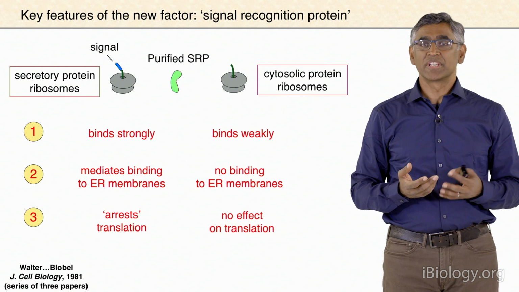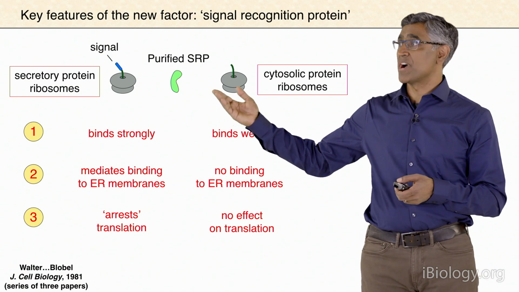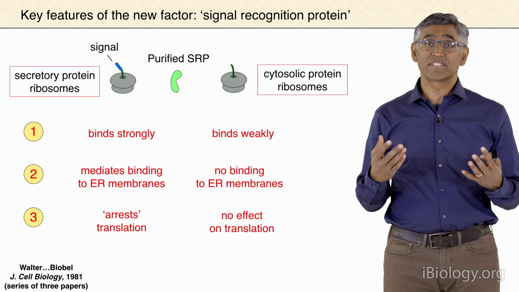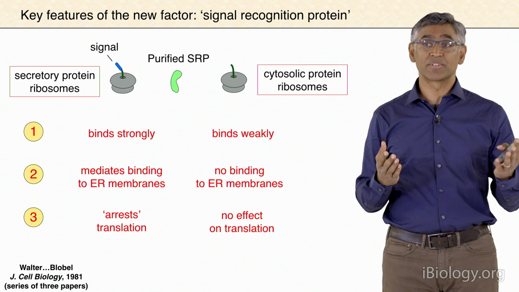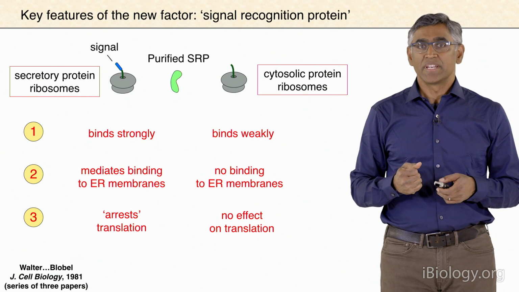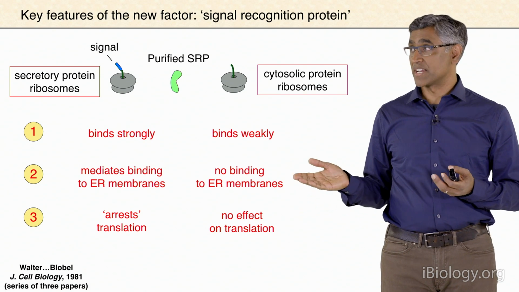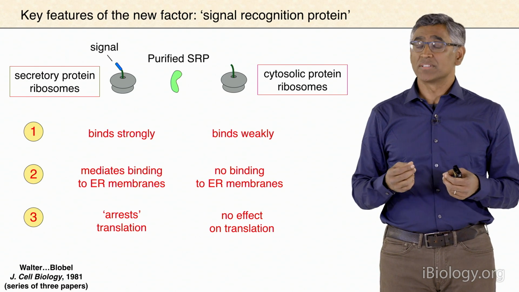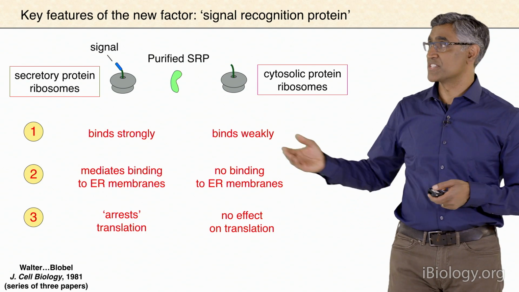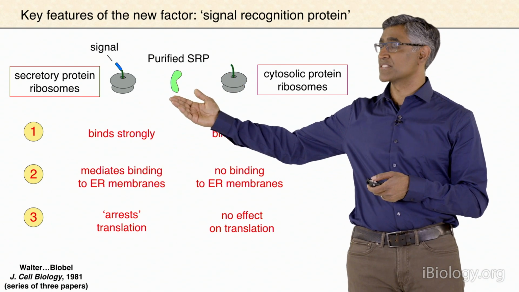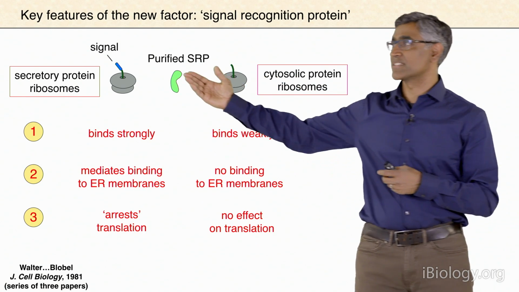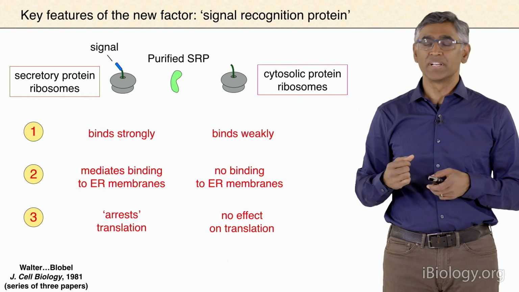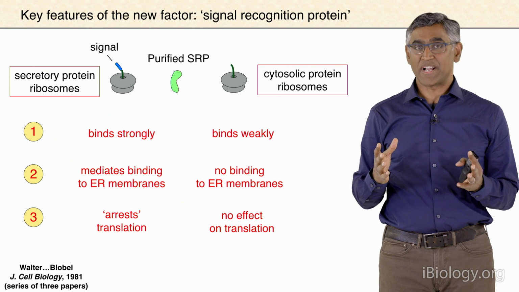The third observation is that when they added a high amount of SRP, it would actually arrest translation of ribosomes that were synthesizing secretory proteins. Now, it didn't have such an effect on cytosolic ribosomes, but it turns out that this arrest, while conceptually very useful because it suggested that these ribosomes synthesizing secretory proteins would somehow stop translating until they got to the membrane, turns out probably not to be correct.